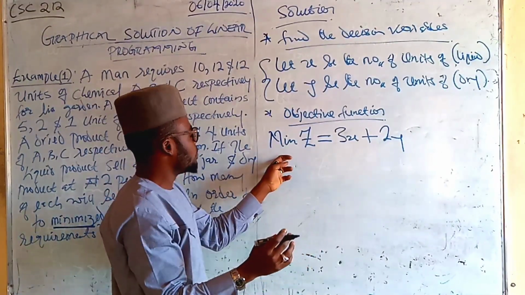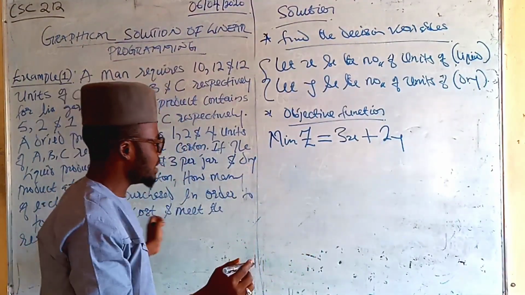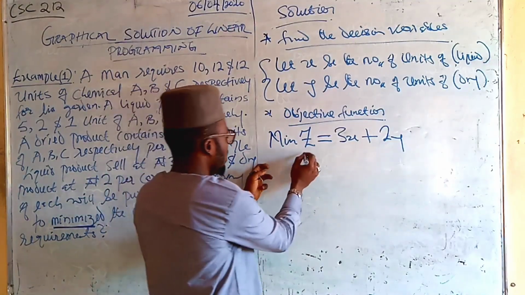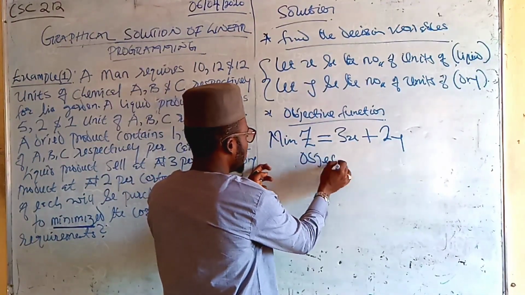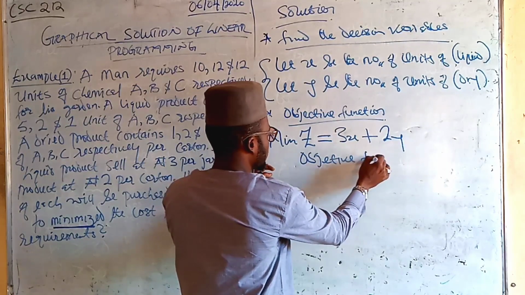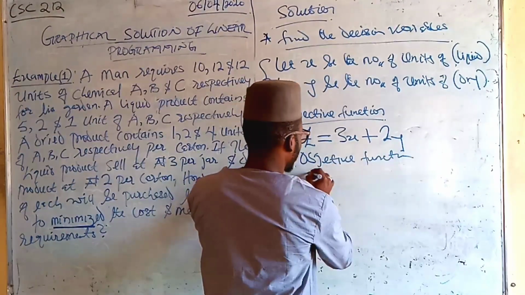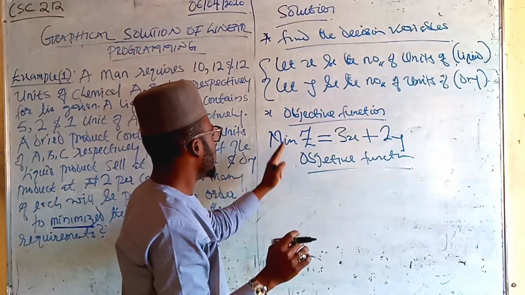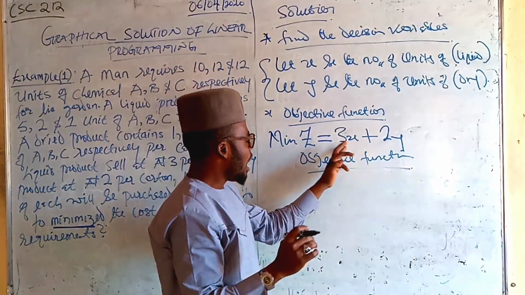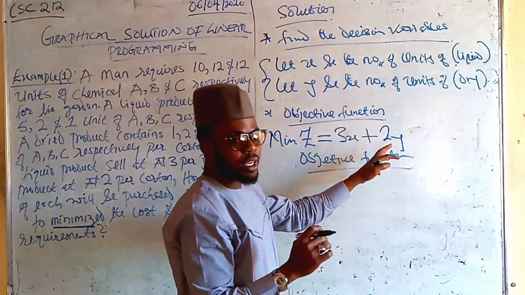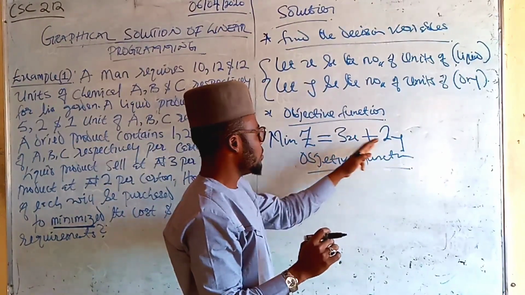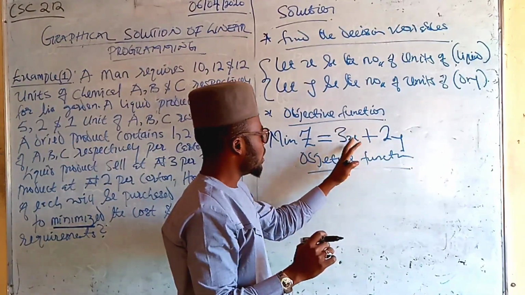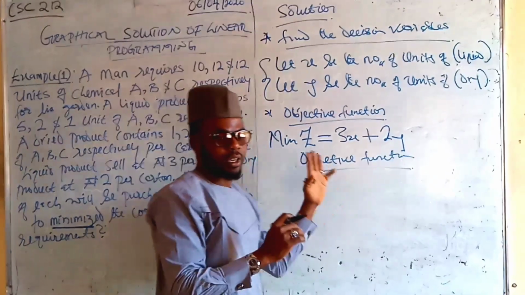Since we are asked to minimize, here we have already gotten our objective function. So our aim is to minimize how much of each unit is going to be purchased, both for the liquid and for the dry product.